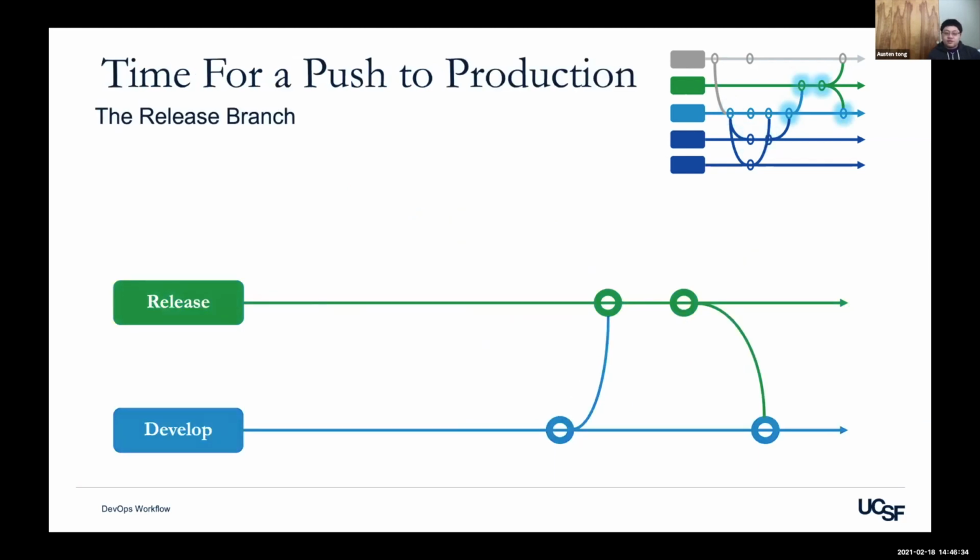So after your feature is done, it's been approved, like the customer has signed off, everything looks good, we want to take all the features that we've done so far and create a release branch. Now, what this essentially does is that it gives us time to harden the release.